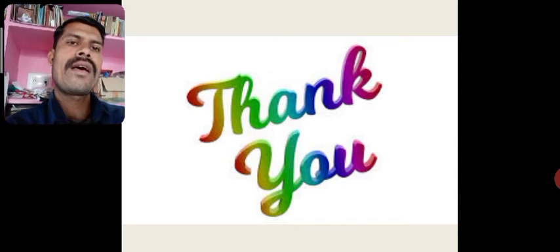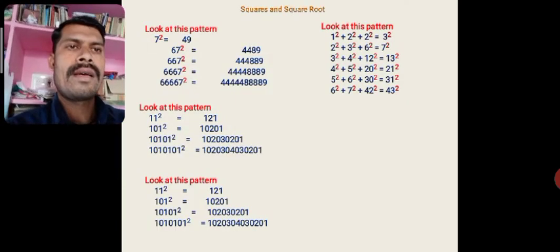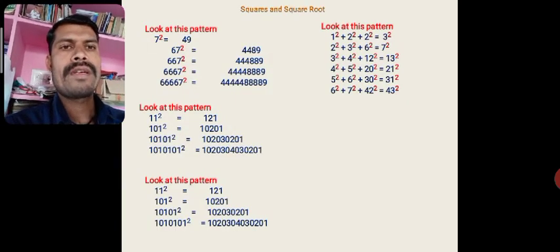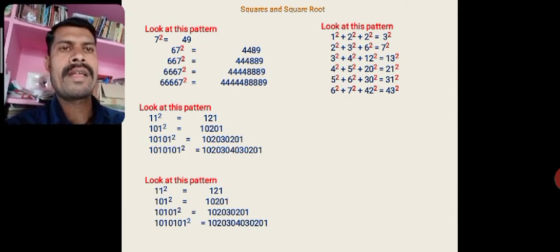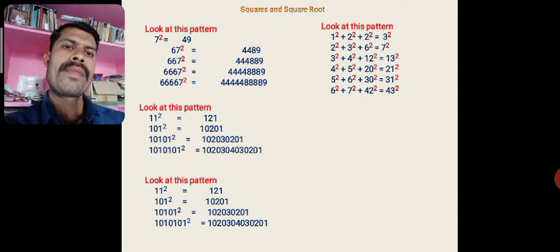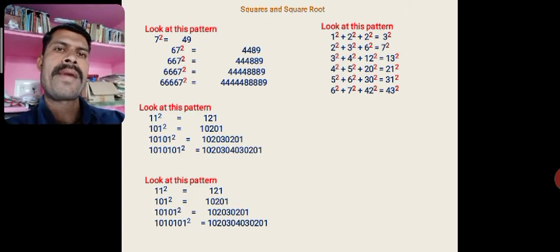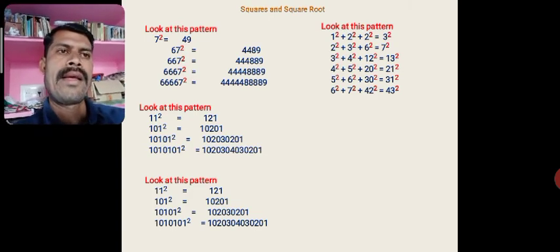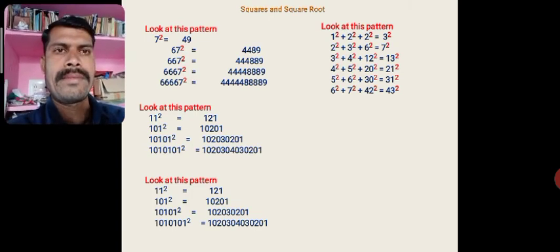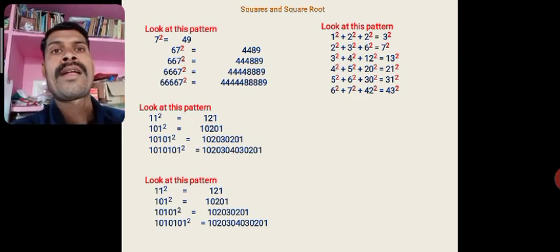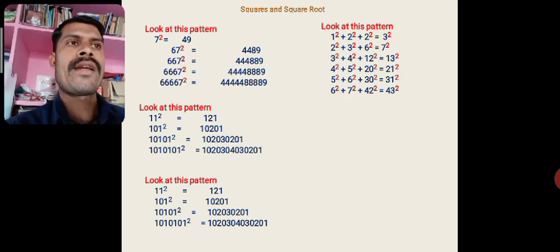So these are all the different patterns here. These are some of the interesting patterns showing how we can get larger square numbers and identify how to write square numbers.